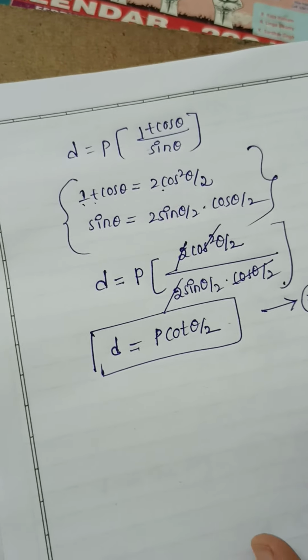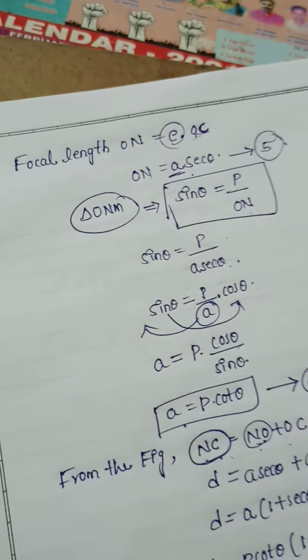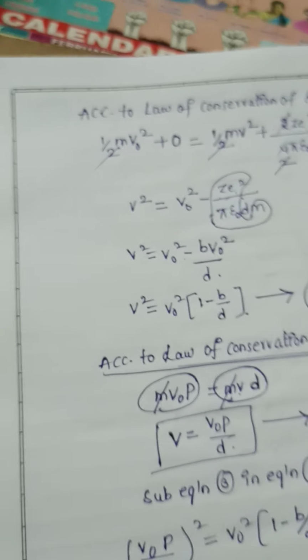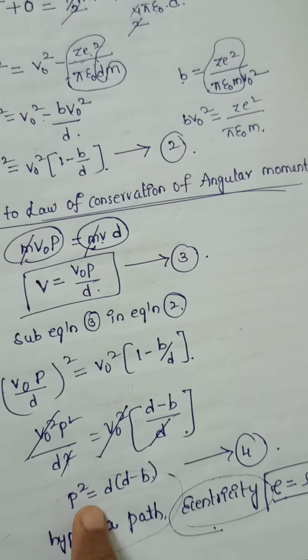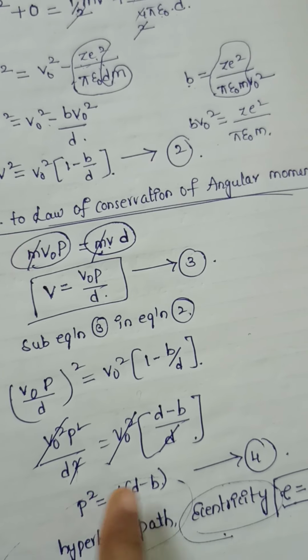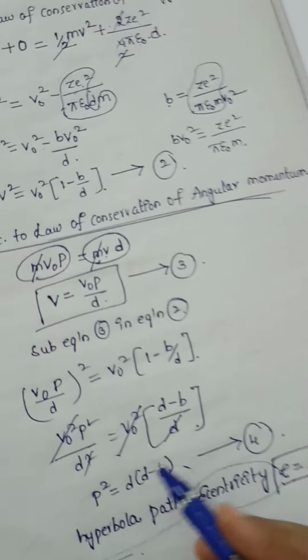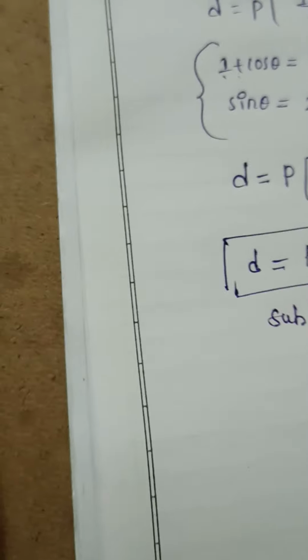Now coming to the point, what is our previous value here? According to equation number 4, P square is equal to D into D minus B. Substitute the value of D in equation number 4.